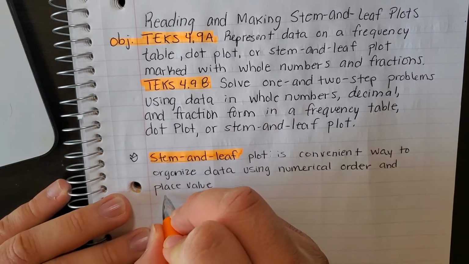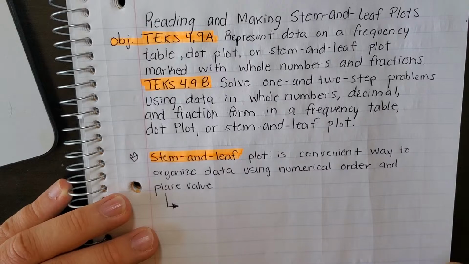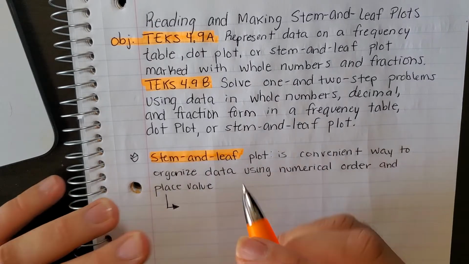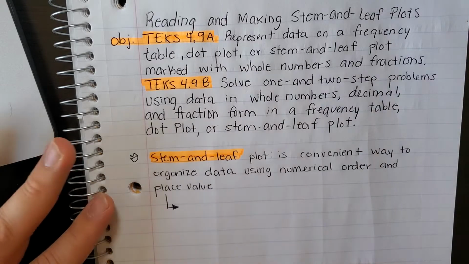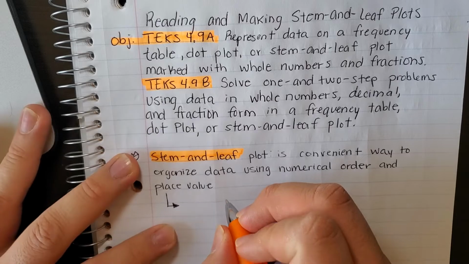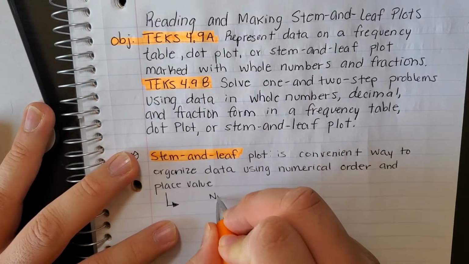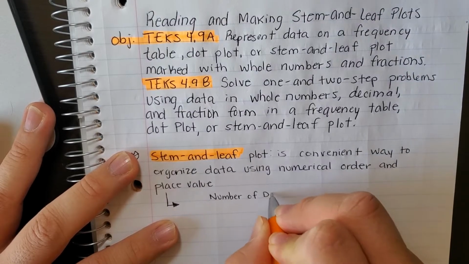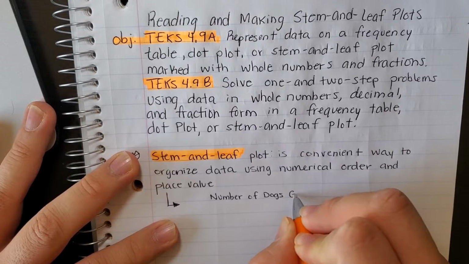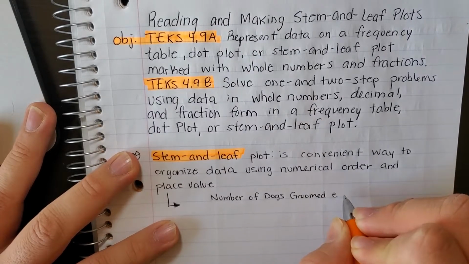So for example, the stem and leaf plot will look something like this. It will have your title. All the stem and leaf plots that you will see will have a title. So when they ask you to create one, make sure you put a title for your stem and leaf plot. The one for this example I'm using is the number of dogs groomed each week.